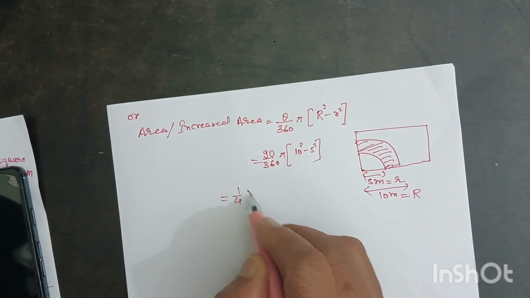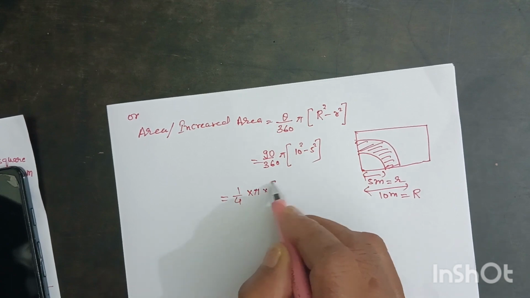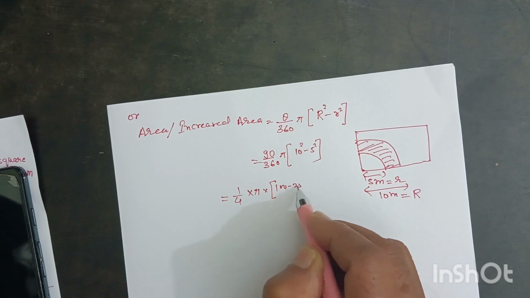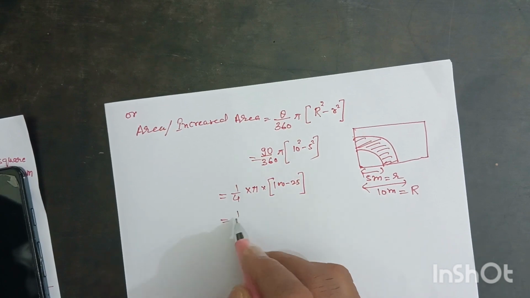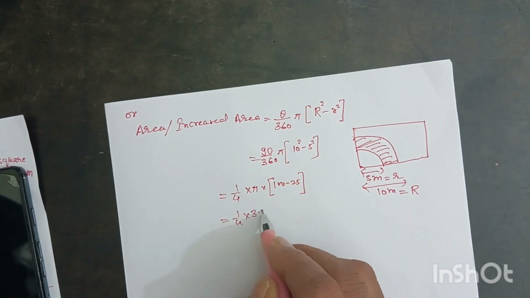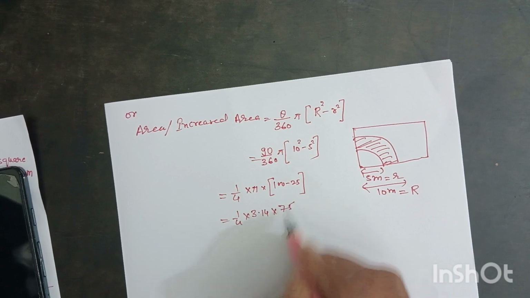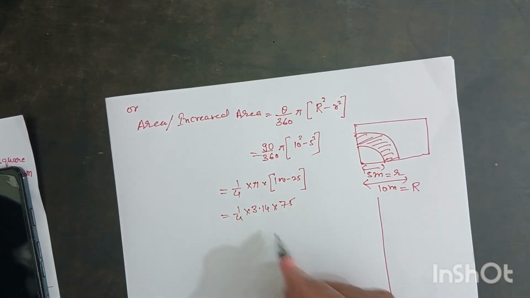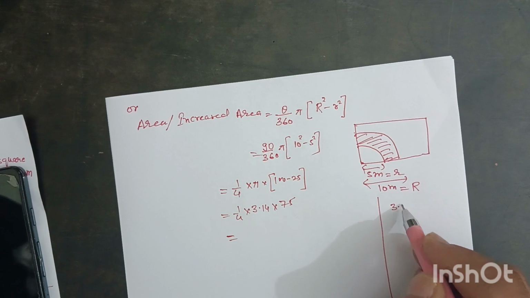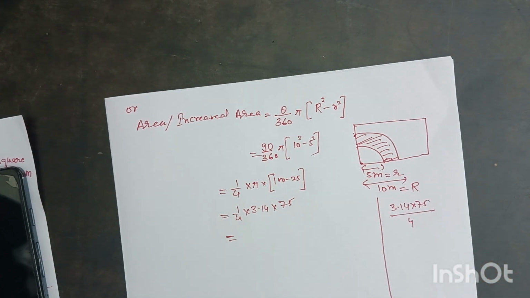1 upon 4 into pi into this is 100 and this is 25. So this is 1 by 4 into 3.14 into 75. So what we can do is multiply 3.14 by 75 and then divide by 4.